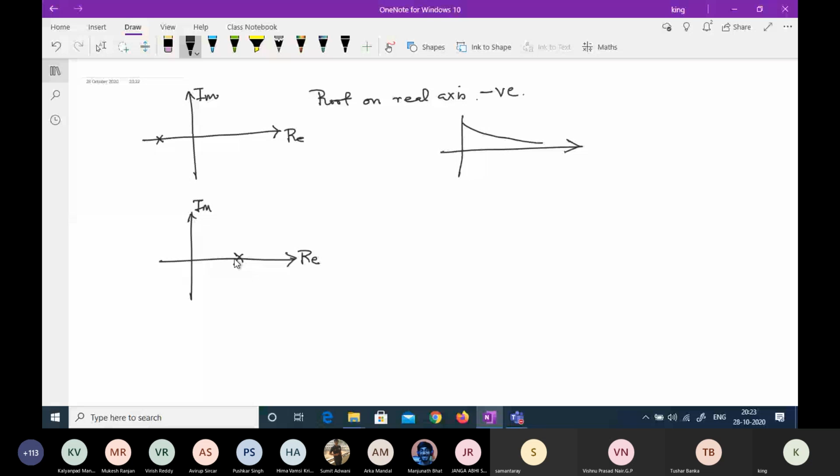When you have a factor of the form s minus a, once again a greater than 0, then this is what you are going to see in your response. So this is good.